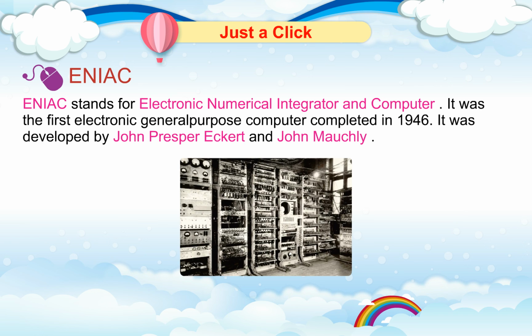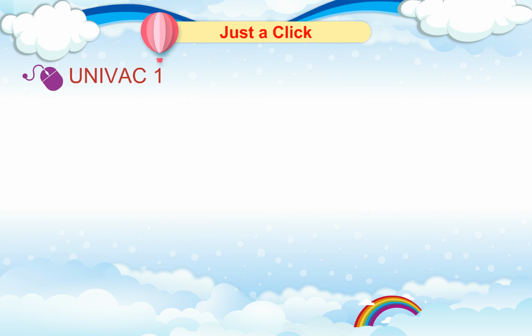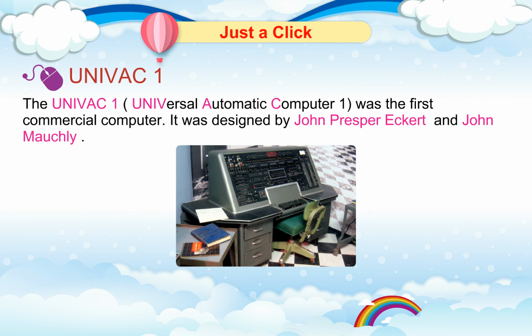It was developed by John Presper Eckert and John Mauchly. UNIVAC 1. The UNIVAC 1 Universal Automatic Computer 1 was the first commercial computer. It was designed by John Presper Eckert and John Mauchly.